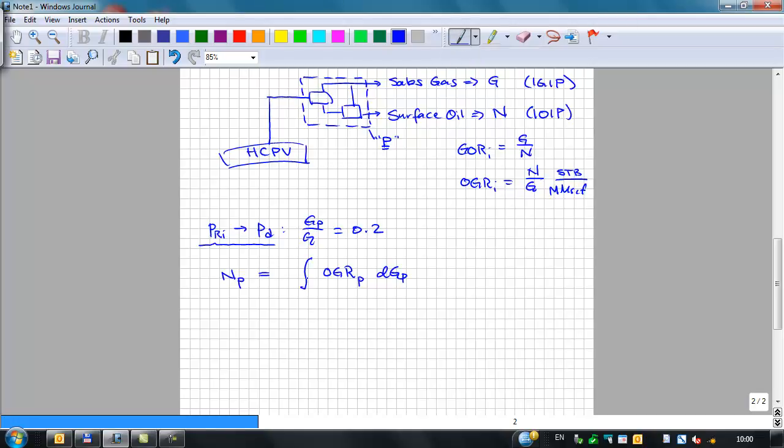This should be the integral, like that, right? From the initial reservoir pressure to the dew point. But if you say that in this region OGRP is equal to OGRI, then that can simply be written as OGRI times GP down to the dew point. Let's just call that star.